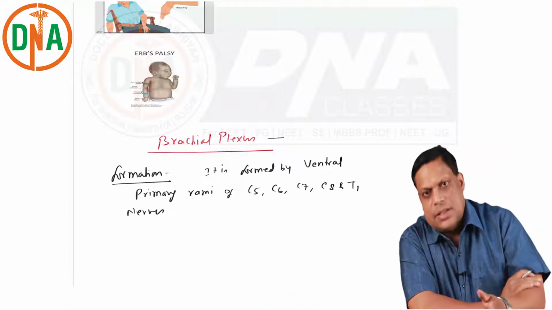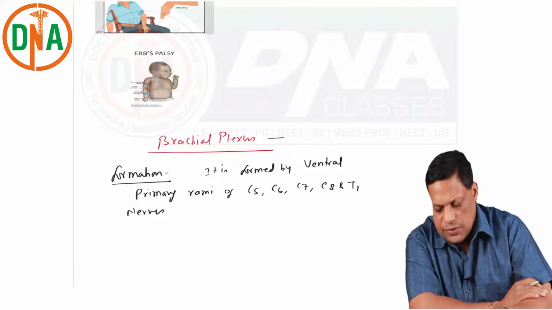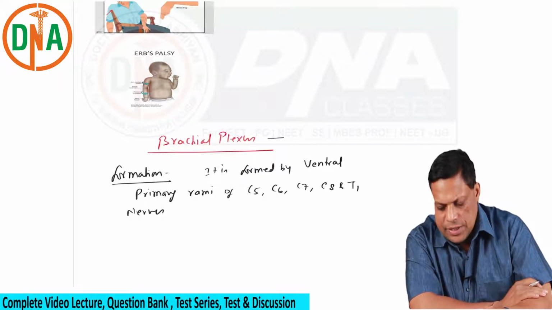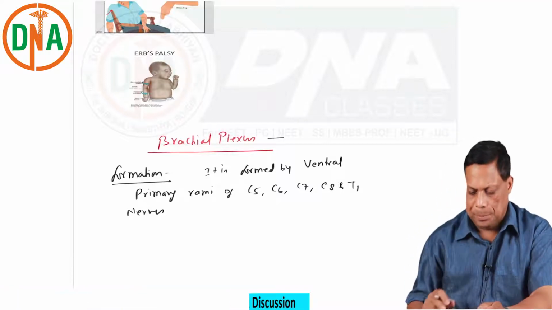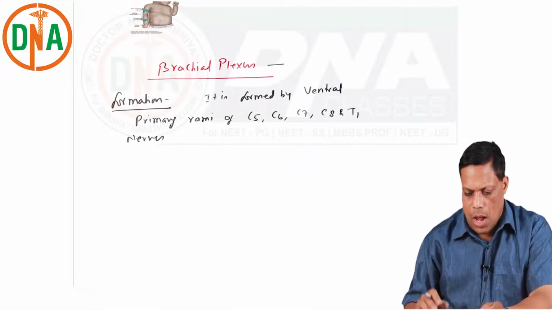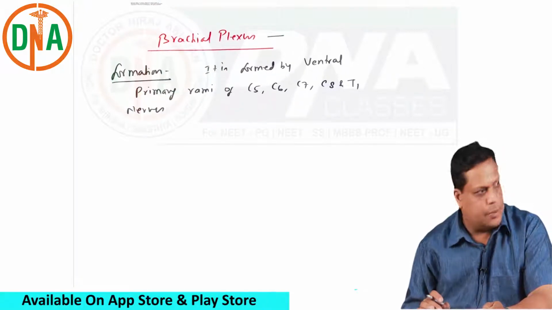So brachial plexus is formed by the ventral primary rami of C5, C6, C7, C8 and T1 spinal nerves. I will draw the diagram for this brachial plexus.